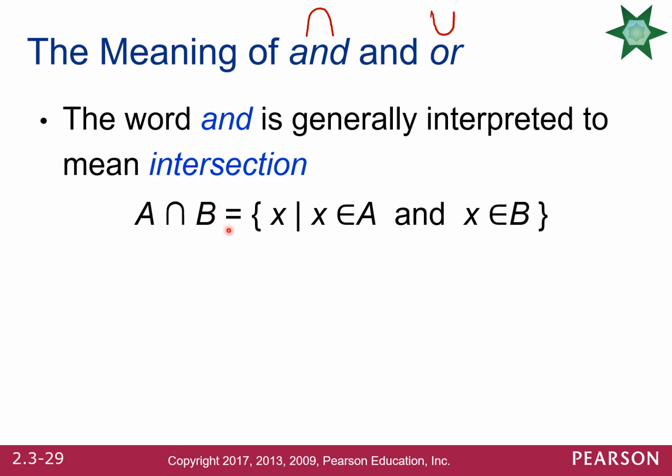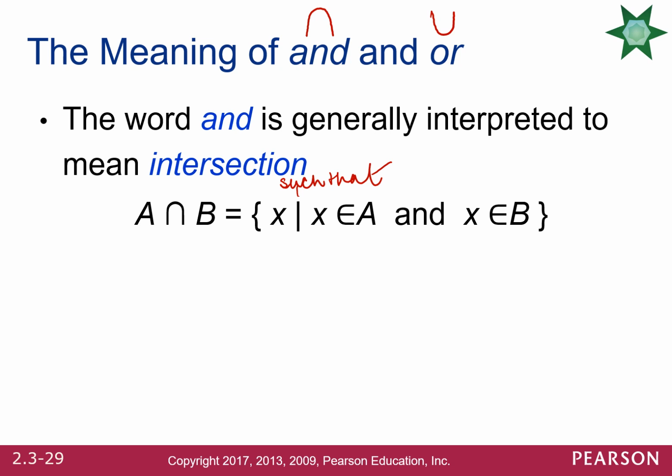A intersection B would be all x values such that, remember this vertical line reads as "such that", so x is an element such that x is a member of the set A and x is a member of B. So again, intersection means the common elements, the elements that belong in set A as well as in set B. So in set notation, it reads: x such that x belongs to A and x also belongs to B.